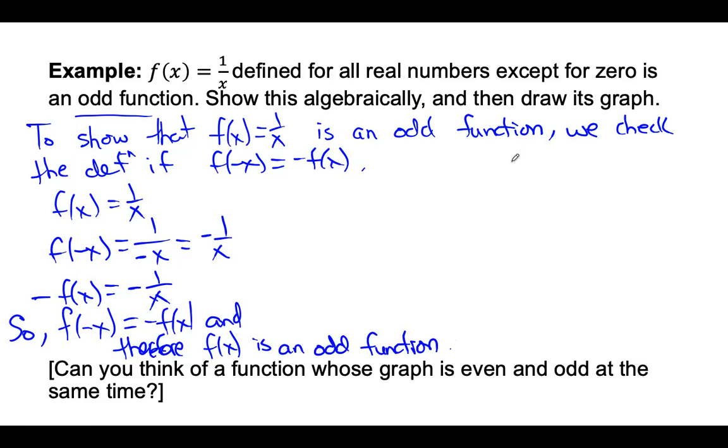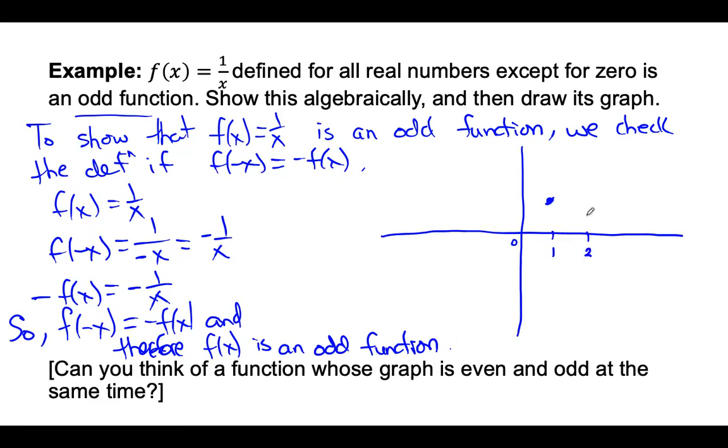So how to draw this? What does this function look like? At 0, it's not defined, so you're not going to put anything when x equals 0. What about when x equals 1? Well, we got 1 over 1, so it's here. What about x equals 2?